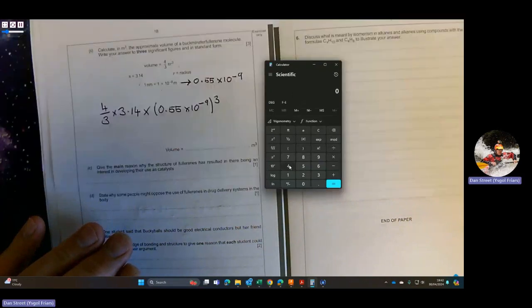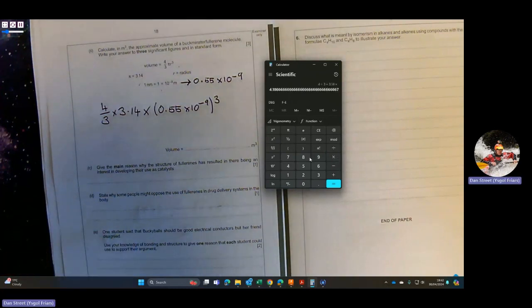So 4 divided by 3 times 3.14 times, and to be on the safe side, let's put this in a bracket. So we've got 0.55, and this calculator has a standard form button, and this is 9 minus, and if we close that, oh.